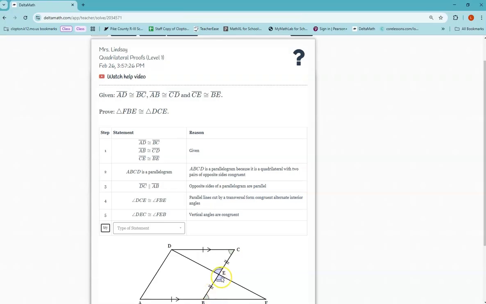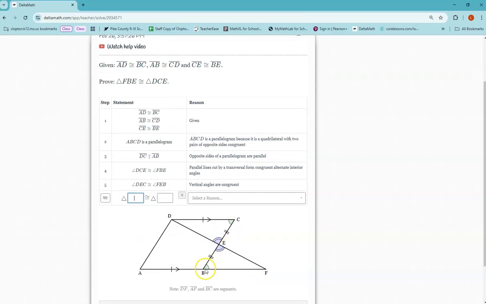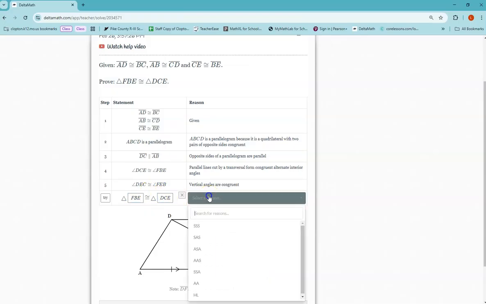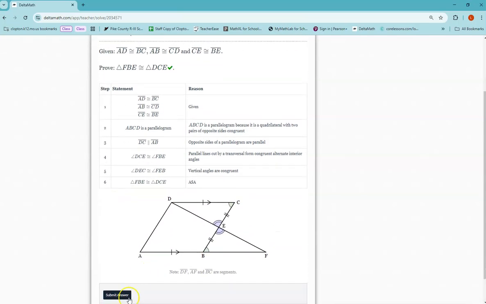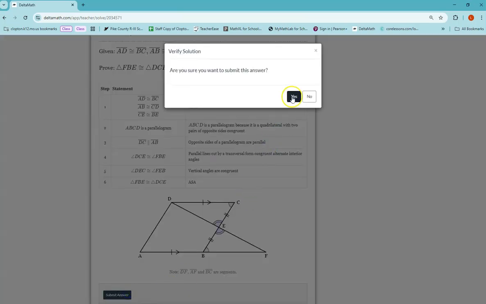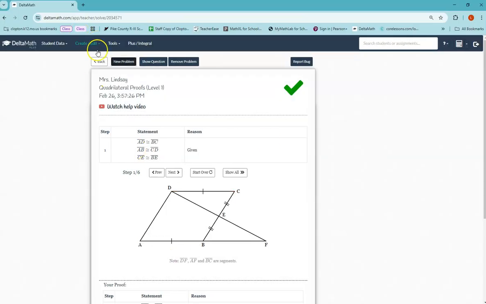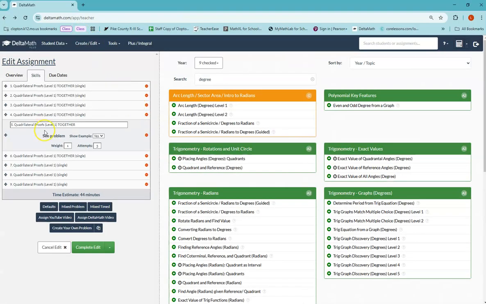So now we have angle, side, angle. So we can state that those two triangles are congruent. So we can say FBE is congruent to DCE, because of angle, side, angle. That is our proof. Hit submit. Good job. Okay, so that was number 5.